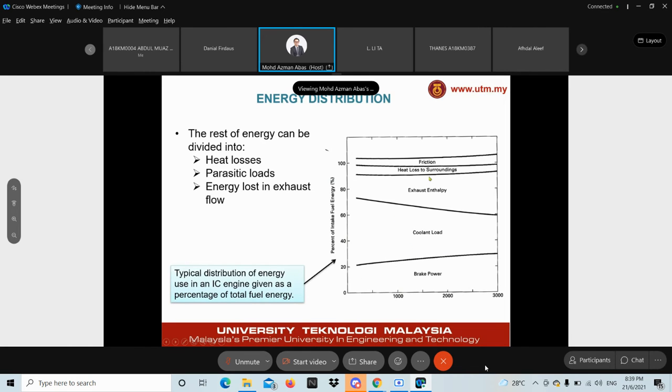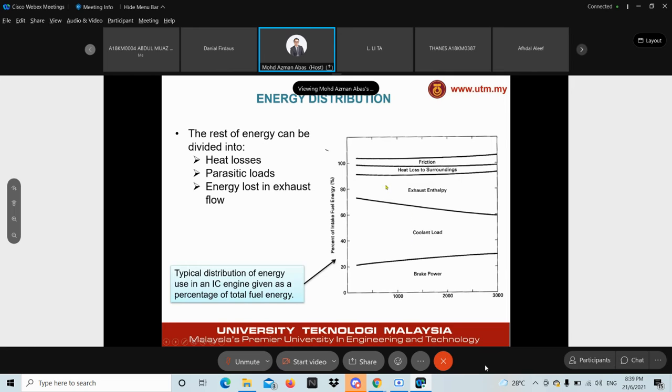Now this graph is very, very important. The rest of the energy can be divided into heat losses, parasitic loads, energy loss in exhaust flow and so forth. So this is basically a typical distribution of energy in an internal combustion engine, given as a percentage of the total fuel energy.